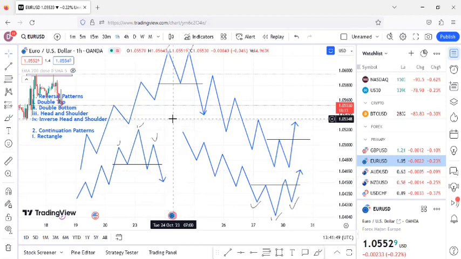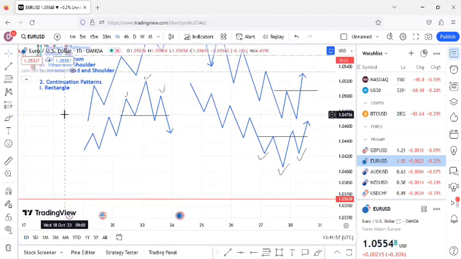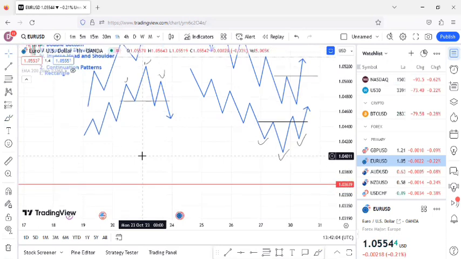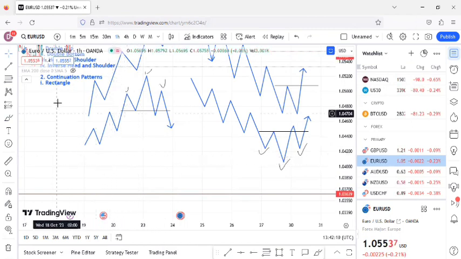Okay, then the next one that I'm going to talk about is the continuation pattern, which is the rectangle pattern. And this one too, you could find it anywhere on the chart, and we call it a continuation pattern.